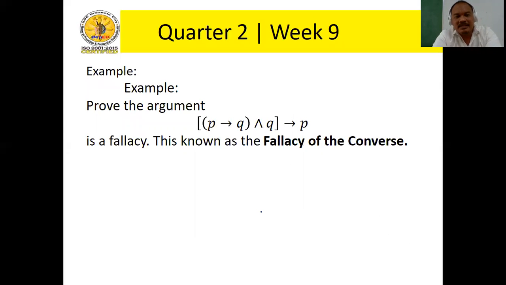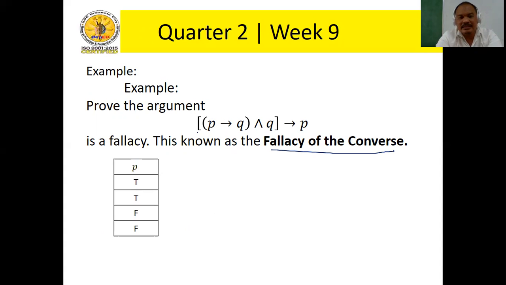So, prove the argument. So let us have this example. Prove the argument using this compound proposition. It is a fallacy. This is known as the fallacy of the converse. Proving. We're going to determine if this compound proposition is a fallacy using the fallacy of the converse. Okay.